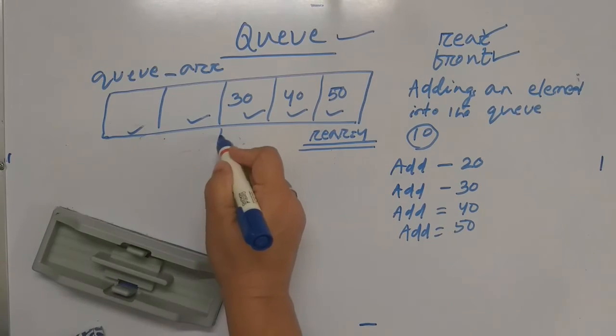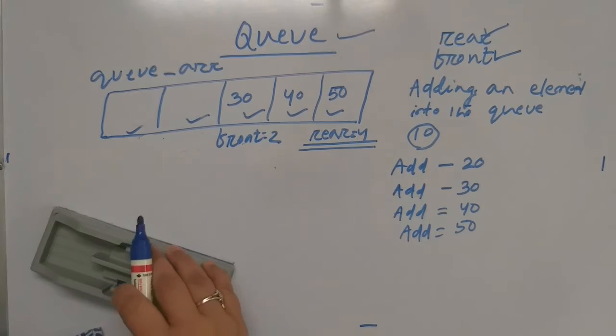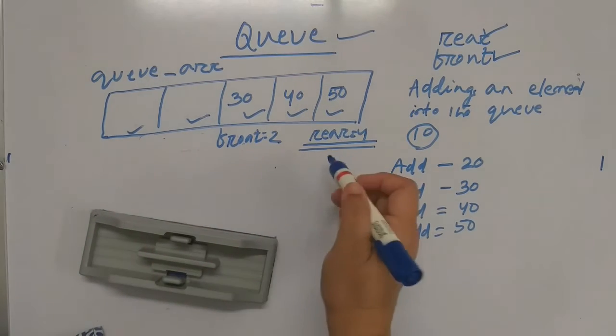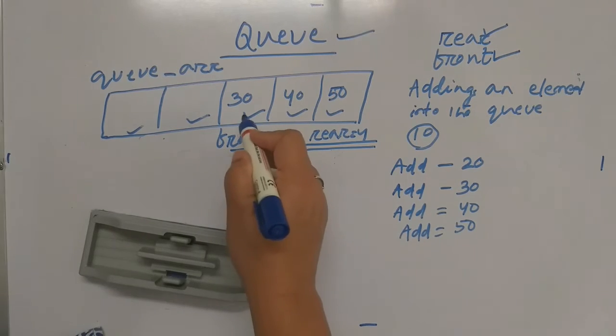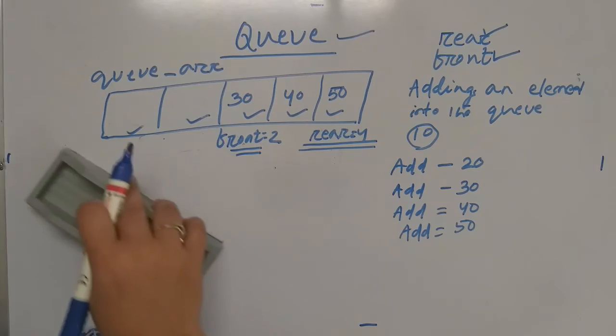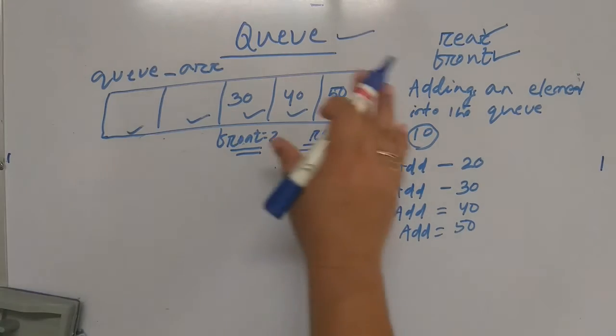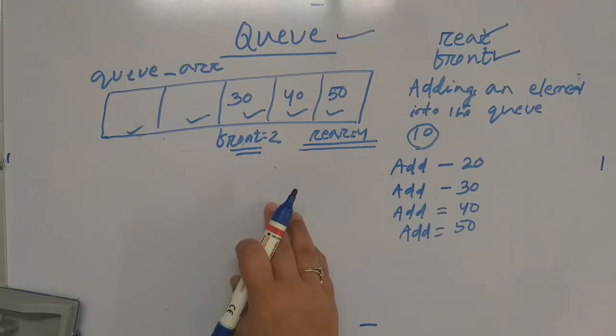So the front is now equal to 2. Like this we increment the rear value as well as the front value. Whenever the front and rear are both equal, that means the total elements have been deleted. So then how do you write the program for the add operation in that queue?